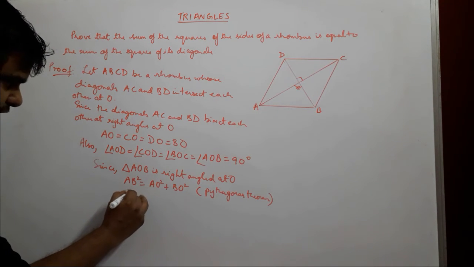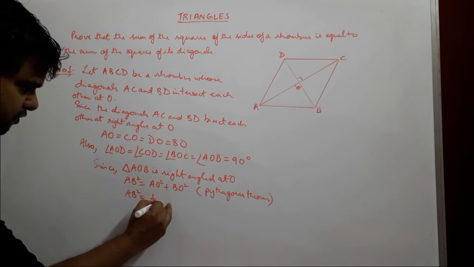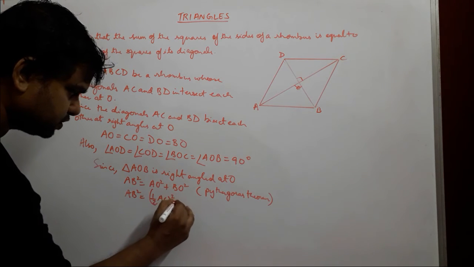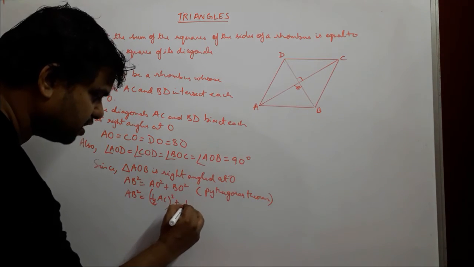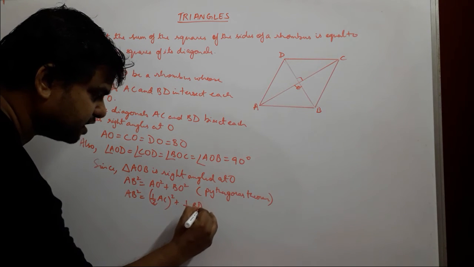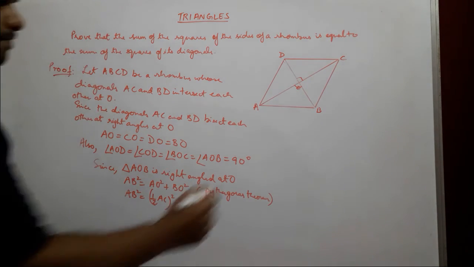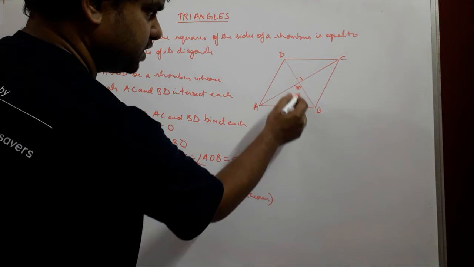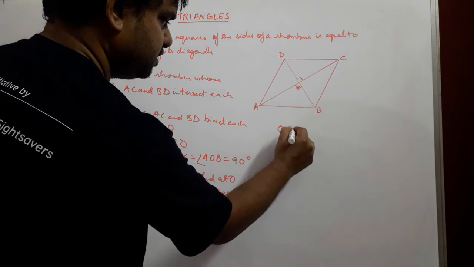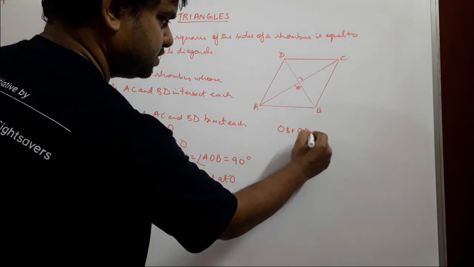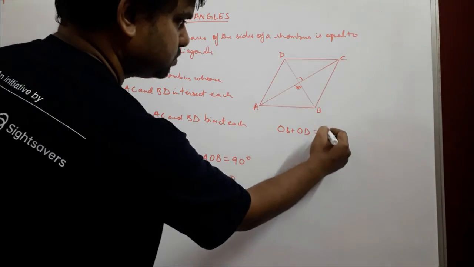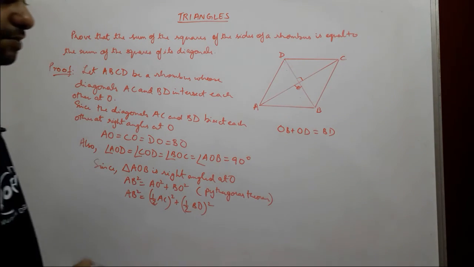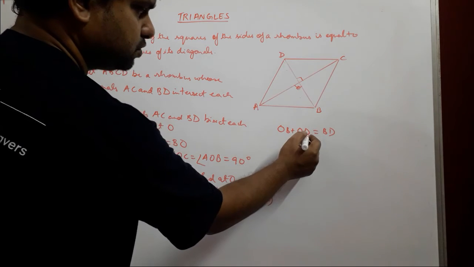So we can take AB square is equal to half of, instead of OA we will take AC. So AC, and that would be whole square, and BO can be written as half of the entire length BD whole square. See, over here let's take OB. Okay, so OB plus OD can be said to be equal to BD, correct? This plus this length will give us the full length BD, but OB is equal to OD. Why?